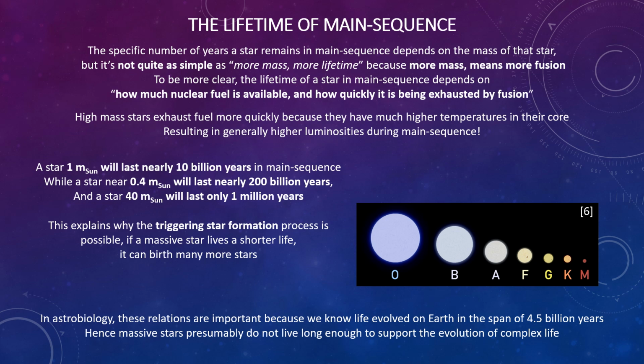And so when we talk about astrobiology, it's really important to keep those relations in mind for the lifetimes of stars, because we know that life on Earth evolved in the span of about 4.5 billion years. And our sun's lifespan is about 10 billion years. So we are about halfway through our sun's lifespan.